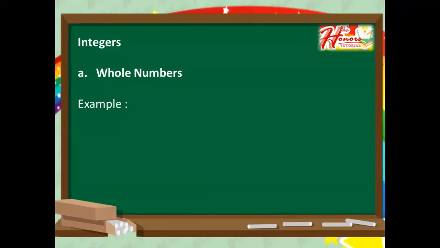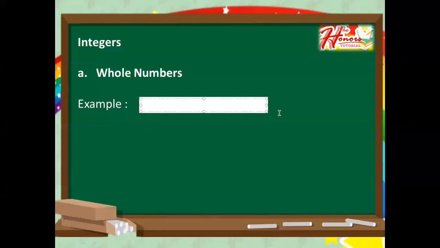We have here the whole numbers. The whole numbers that we are referring to here are the positive integers. I will give you an example. So we can have whole numbers.